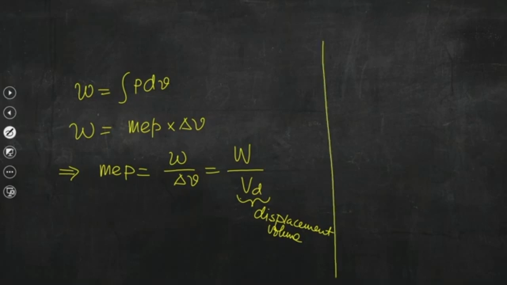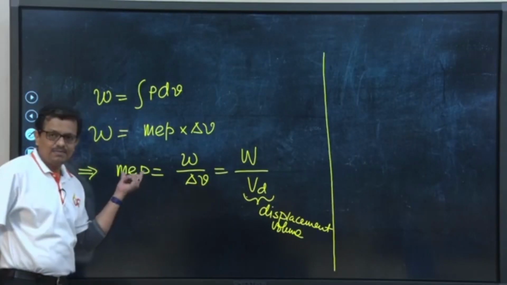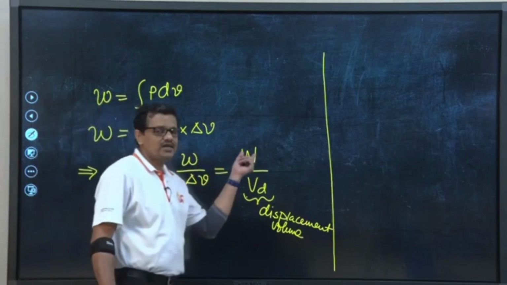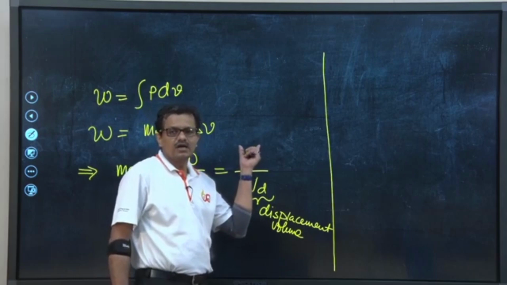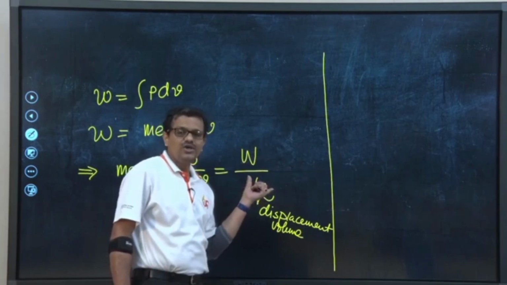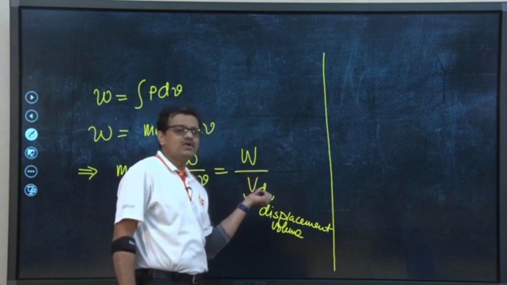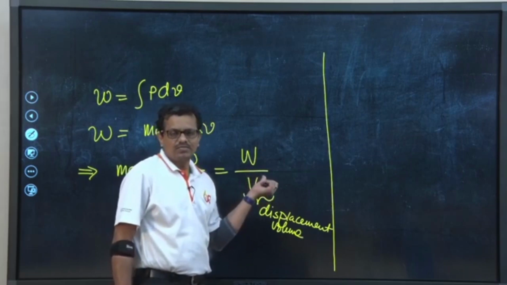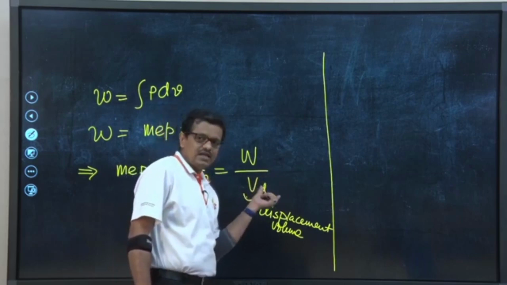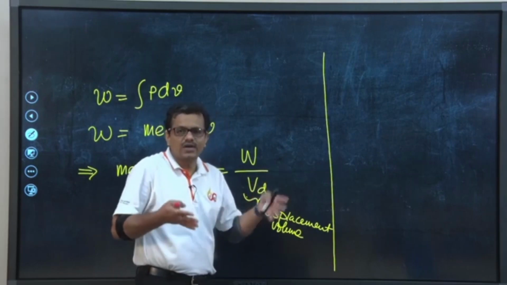So, you can see that mean effective pressure is very important to quantify the work output from the engine, provided we know the displacement volume. But this quantity is always known, because the engine designer designed the engine for a certain stroke length.